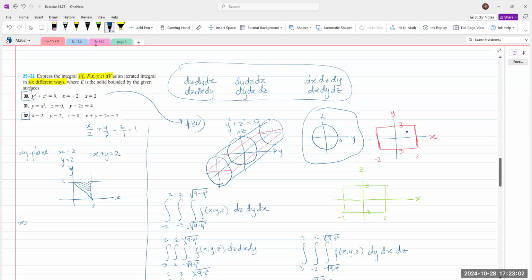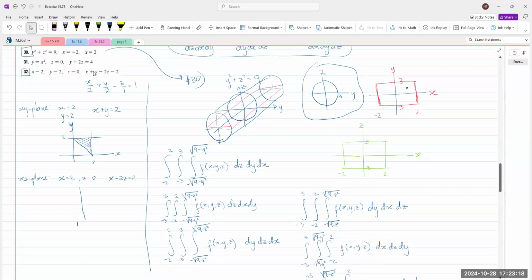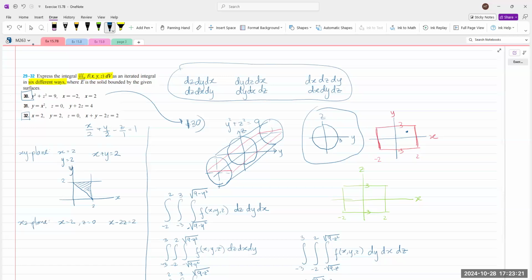On the xz plane projection, we have x equals 2, z equals 0, and then x minus 2z equals 2. X equals 2, z equals 0. This is the z, this is 1. So that's what it looks like.